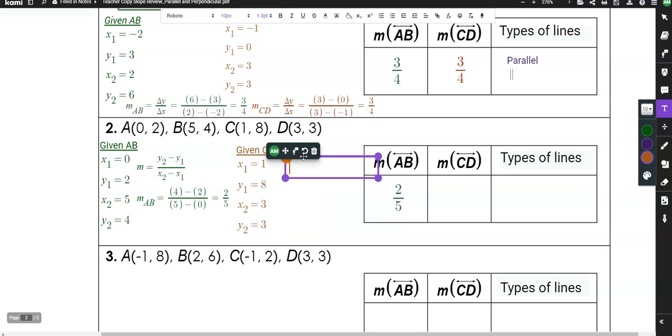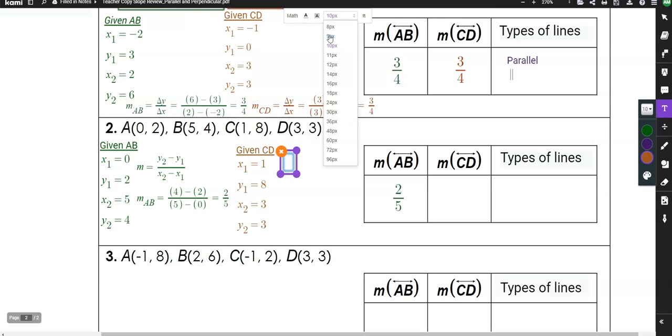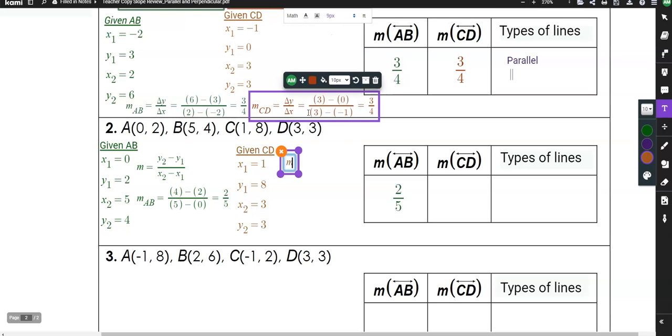And we already wrote the formula this time, so we're going to go ahead and just skip to the substitution. So the slope of CD will be equal to the difference between my y's. So my y2 is 3 minus my y1, which is 8, over my x2, which is also 3, minus x1, which is 1.